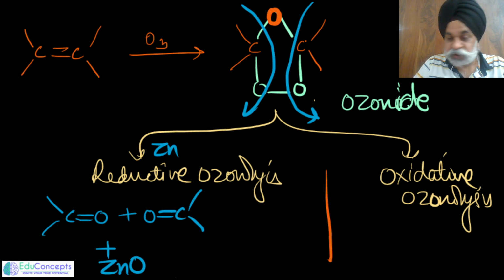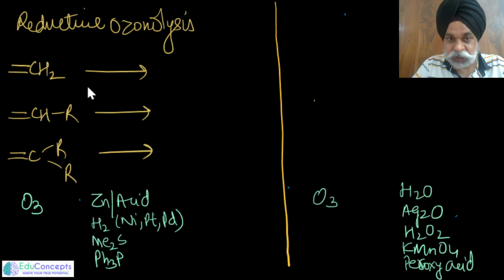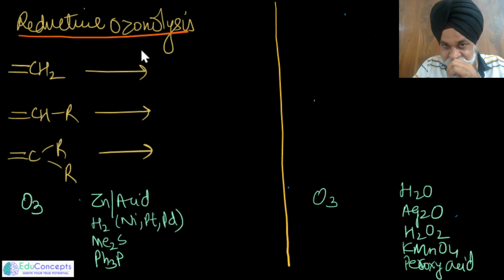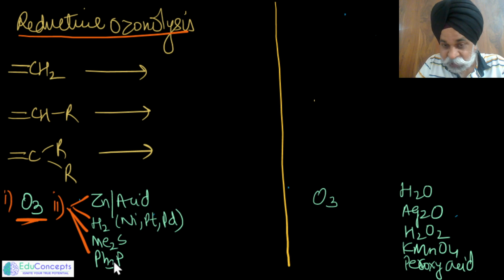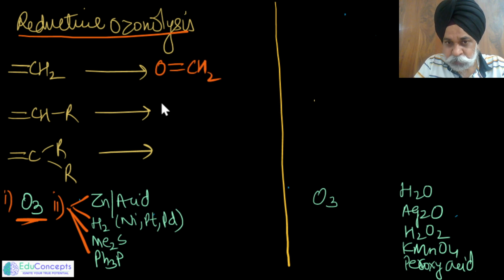Just hold on. So the tip to remember is, if you are given a reductive ozonolysis, first you add the ozone. In the second step, any of these reagents can be used: zinc, hydrogen in the presence of nickel, or dimethyl sulfide, or triphenyl phosphine. Any of these can be used. So basically, wherever you have a double bond, you just have to generate an oxygen.